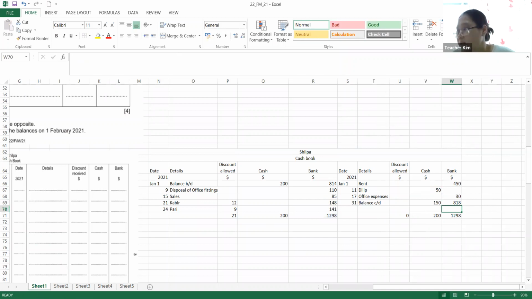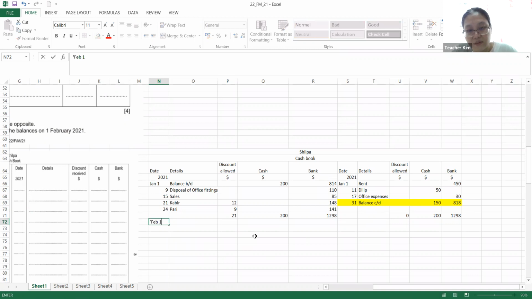So this is the balance of 31st, and bring it to here. Make sure we always complete debit and credit for the balance carried down, balance brought down. So February 1st, balance brought down.